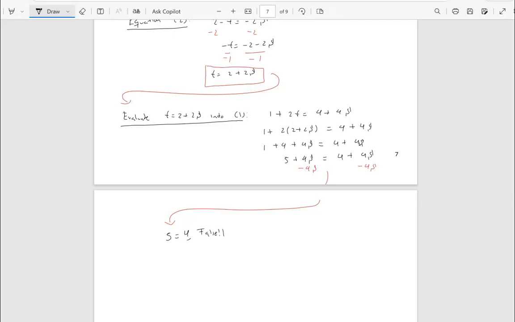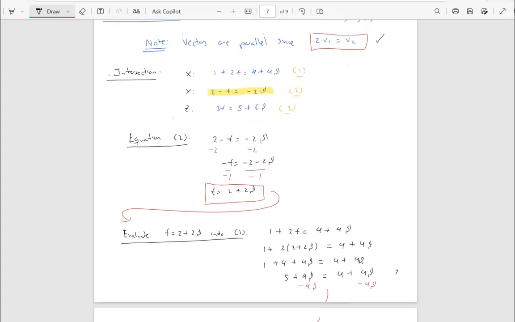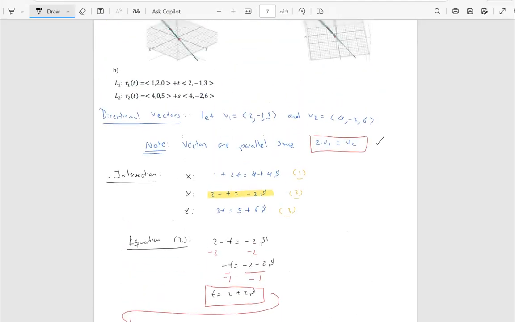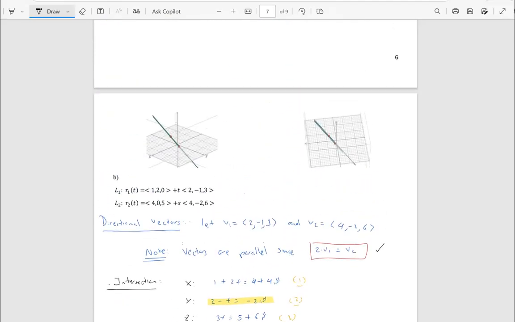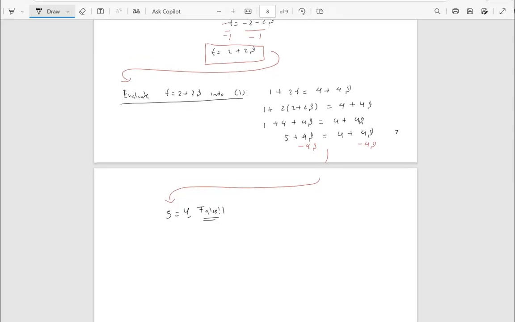Now, since we have parallel vectors and no intersection, we can conclude that these lines are in fact parallel. You can see from this angle, you can barely tell, but here you can tell that the lines are not intersecting. So let me just write it up. There's no intersection. The lines are distinct.